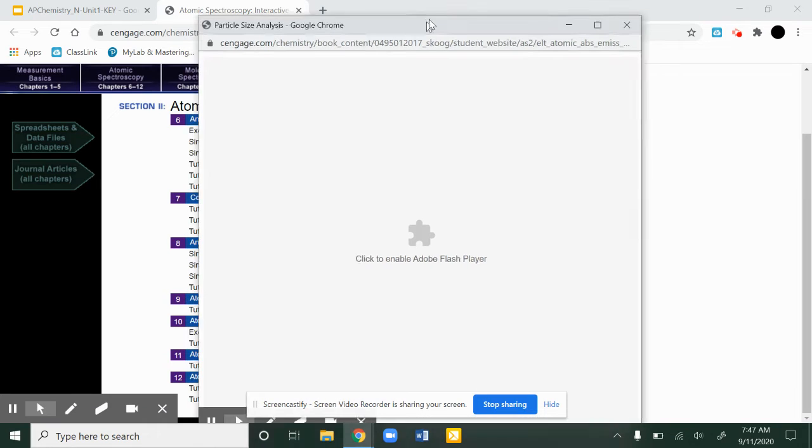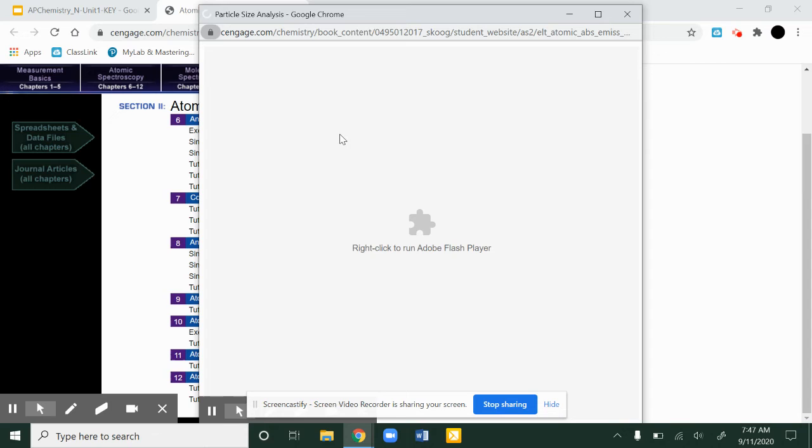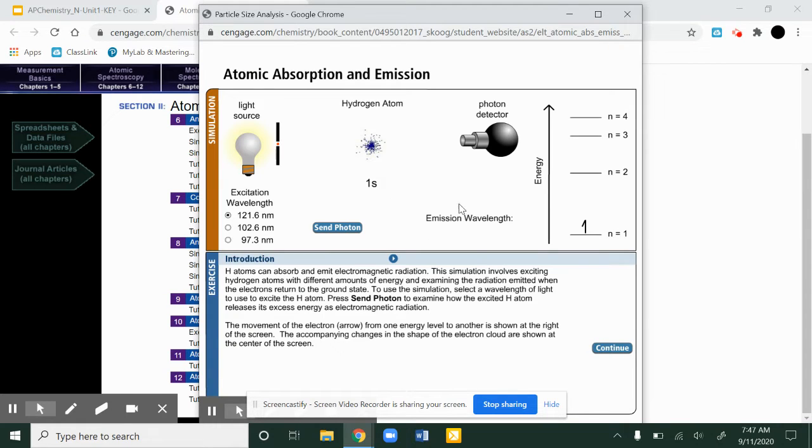But I like this simulation because it forces us to go back and review the basics as to what happens to electrons when we excite them. So most instruments and most things that measure atomic structure involve sending some kind of light to an atom, causing electrons to get excited in some way.